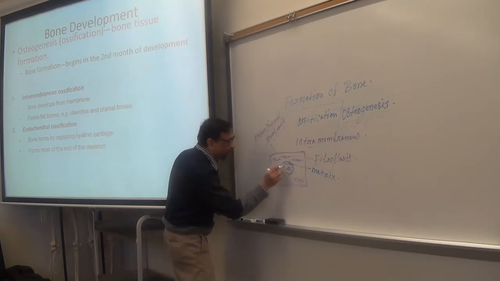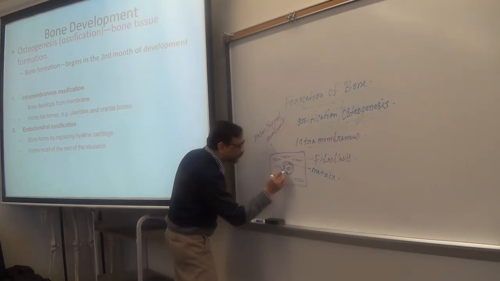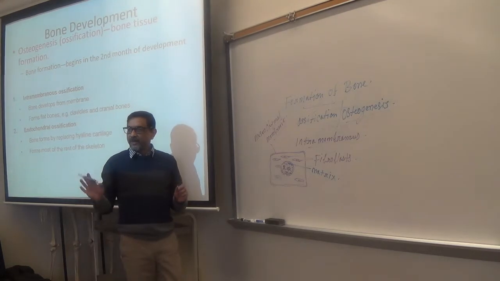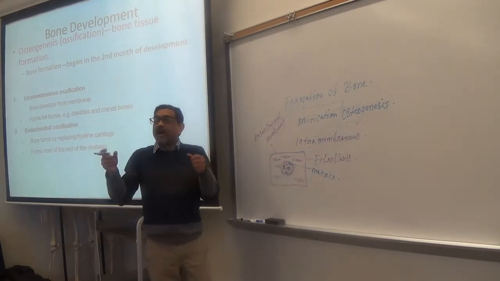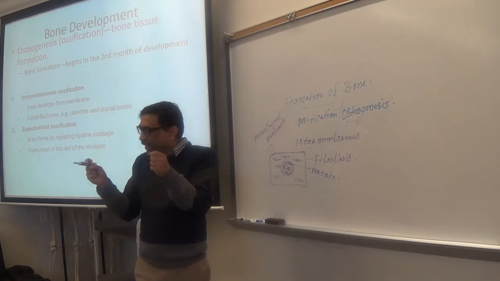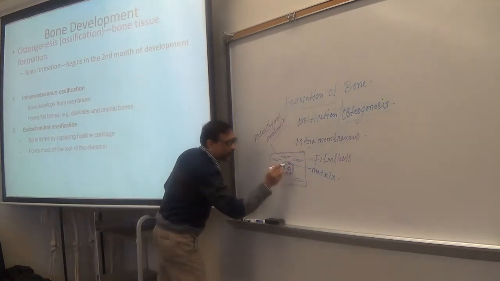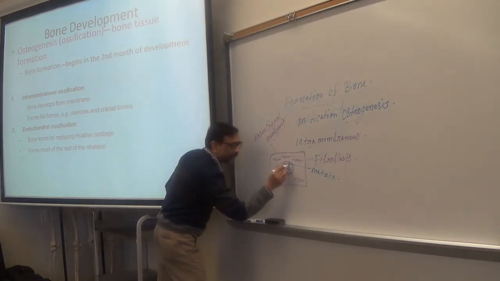So these are osteocytes now. So osteoblasts will become osteocytes. Make sense? And the matrix got hard by that. So the matrix will not move anymore, but osteoblasts will become smaller osteocytes.